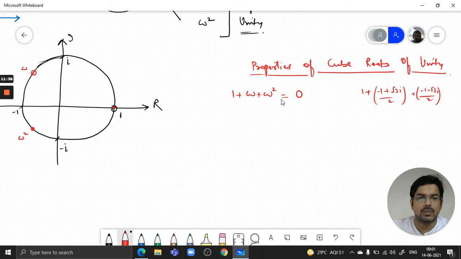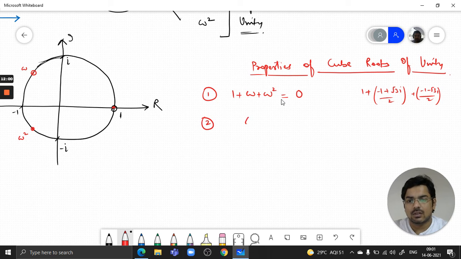So this is 2 minus 1 minus 1, this is 2 minus 2, 0, and root 3 iota by 2 minus root 3 iota by 2, this is 0. So this is the first property. From this we can have omega plus omega square is -1, 1 plus omega square is minus omega, and 1 plus omega is minus omega square, likewise.